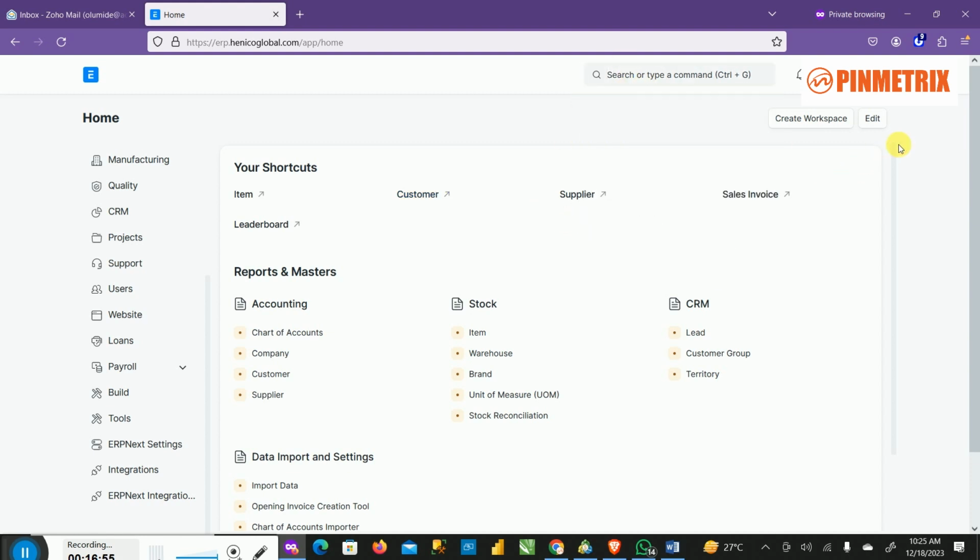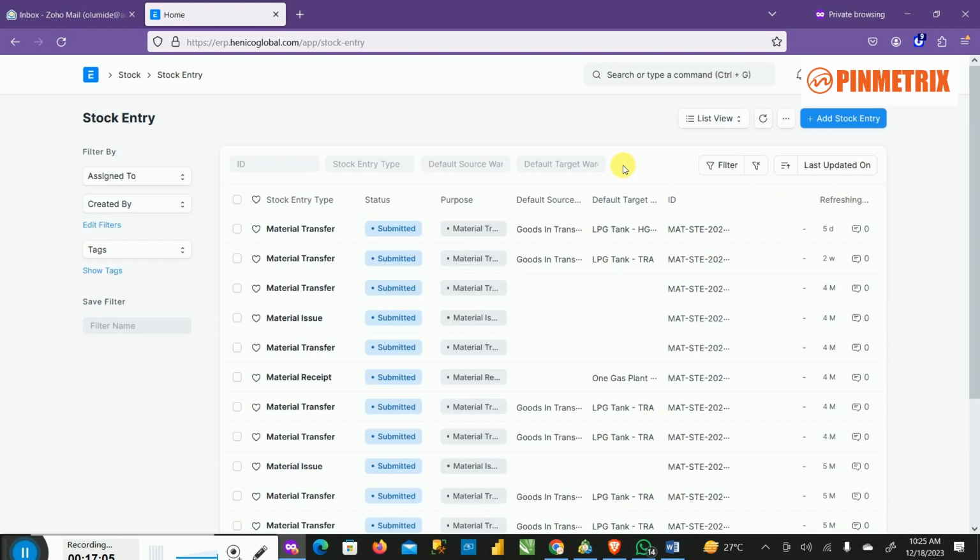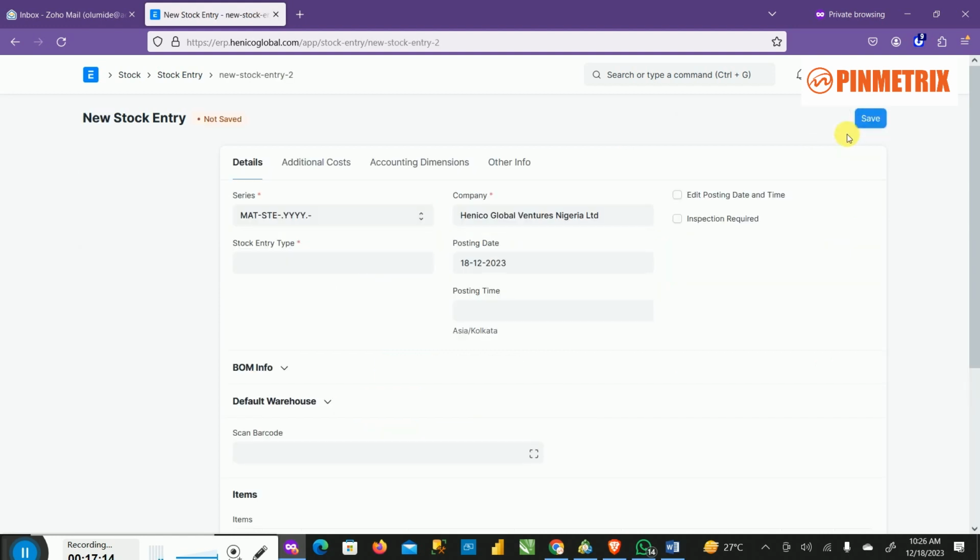All I need to do is go to my stock entry. I go to the stock entry, then click on add stock entry. This aspect allows you to receive stock.